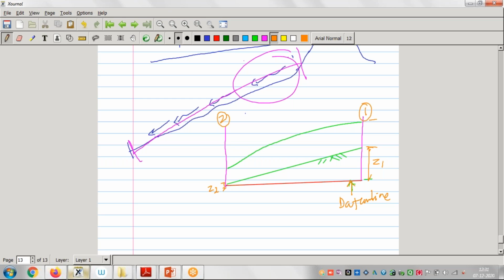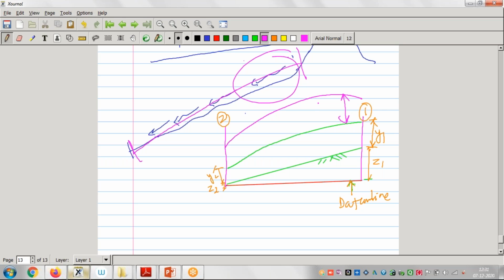Now here I say that the depth of the water in the river is, here it is Y1 and here it is Y2, right? And if we add something, what? How much?